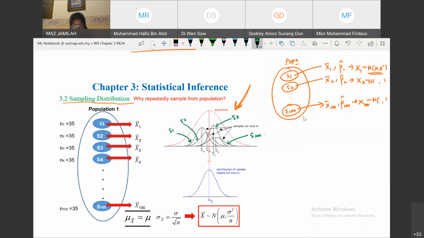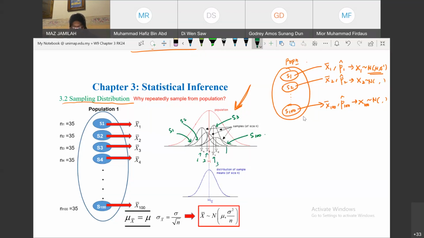If you plot that, they will be near to each other. Of course, there will be different mean values for our samples. The mean for our first sample is this one, for the second sample this one, for the third sample this one.